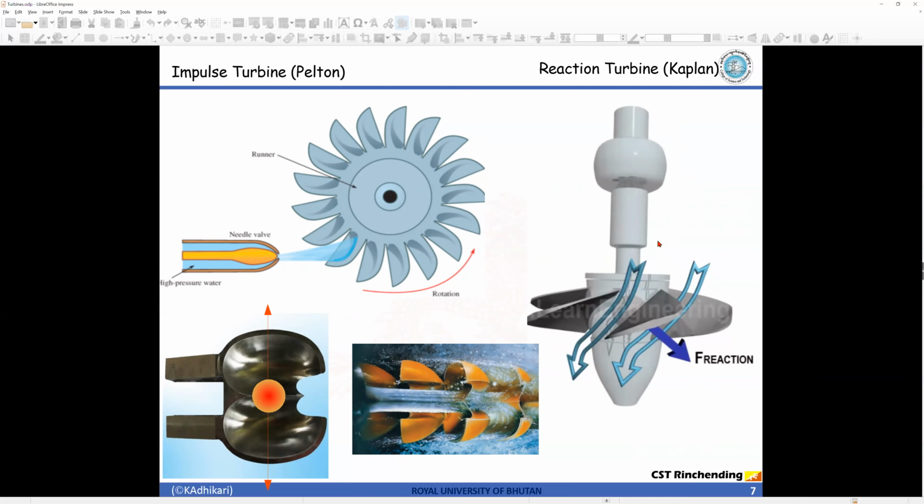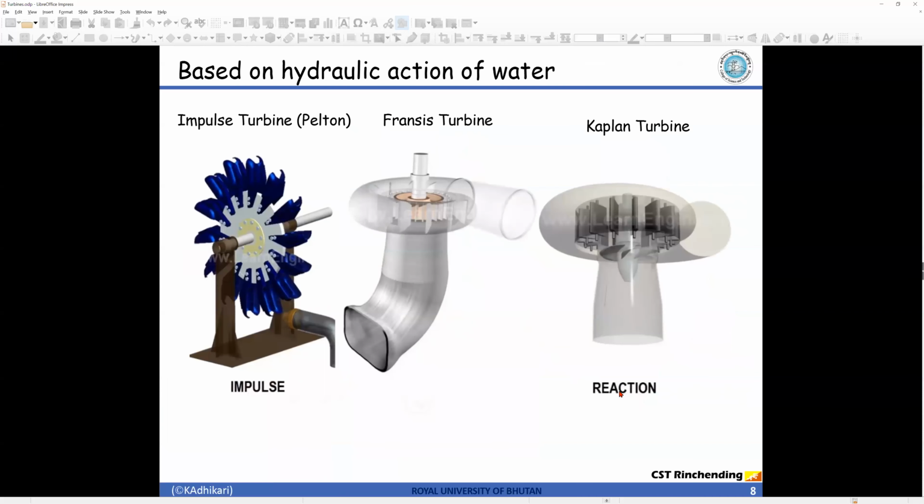So when water tries to move from high pressure to low pressure, it applies a reaction force. Because of this force, it makes the runner rotate. So that is the action of water in the reaction turbine. These are the two types: impulse and reaction turbine.